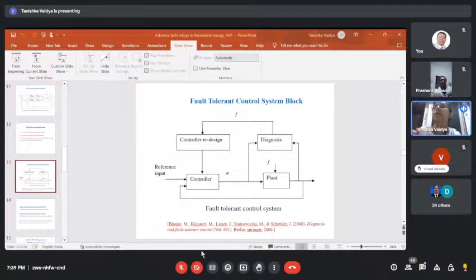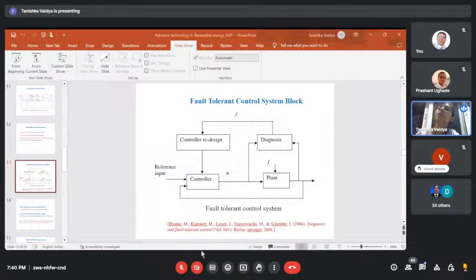That is the diagnosis. Then this diagnosis is given to the controller redesign. So if some sensor has failed, either instead of one sensor, two sensors are installed, and if one sensor fails, automatically the controller will take the output of another sensor, that is the redundant sensor.